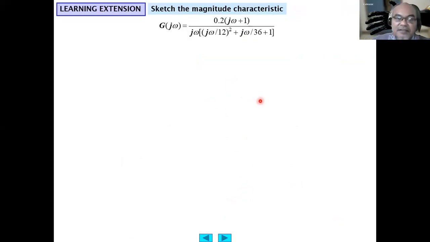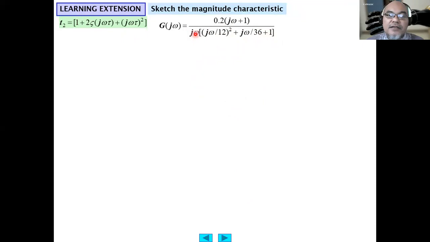Okay, let's do another example here. G(j omega) equals 0.5, 0.2 j omega plus 1, divided by j omega times the square root of j omega divided by 12 squared, plus j omega divided by 36 plus 1.